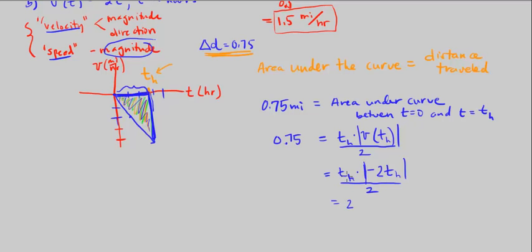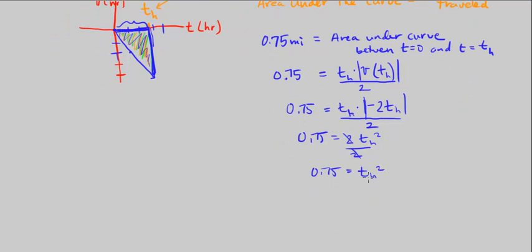So it's going to be 2, and then T sub H times T sub H is T sub H squared, and that's still over 2, and on the left we still have 0.75. These 2's cancel out, and we're left with 0.75 is equal to T sub H squared.